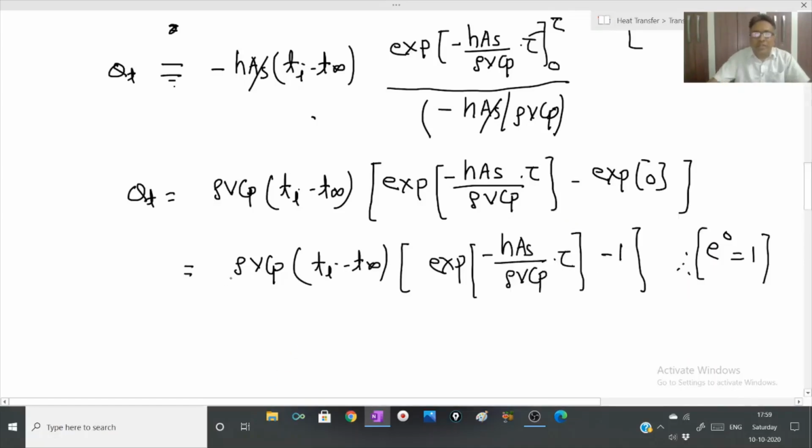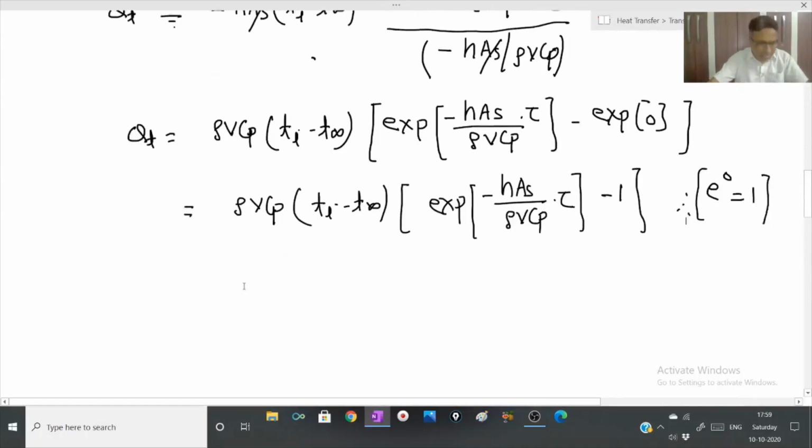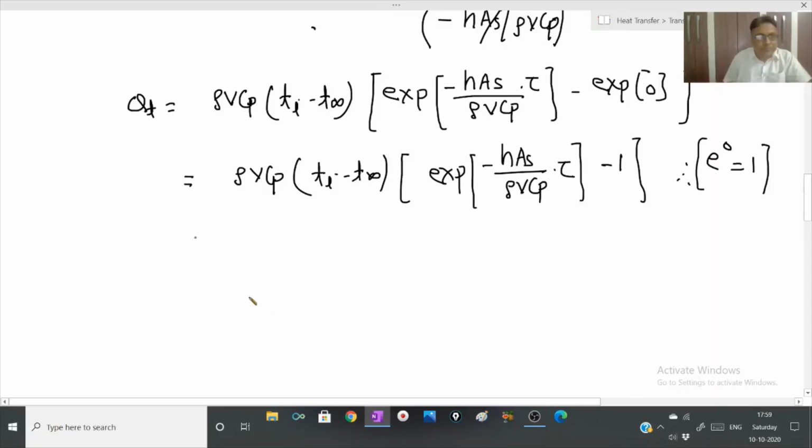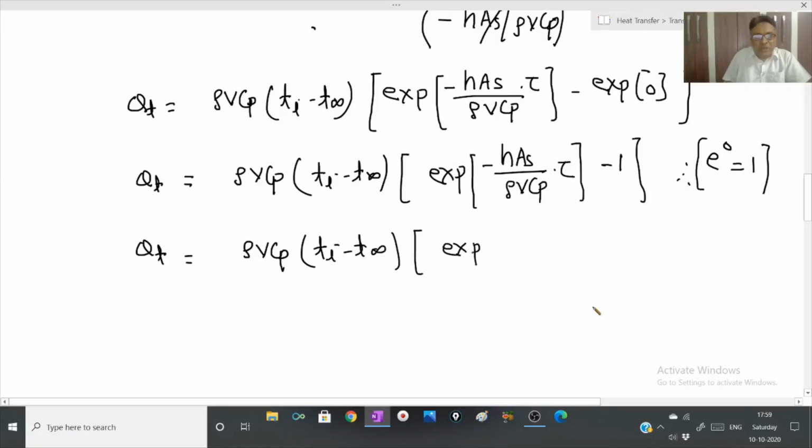So finally, I can write this as, I can also express this equation in terms of Biot number and Fourier number: rho VCp Ti minus T infinity into exponential of minus Biot into Fourier number.